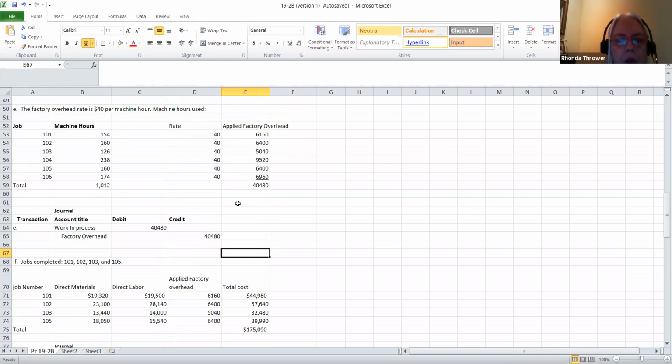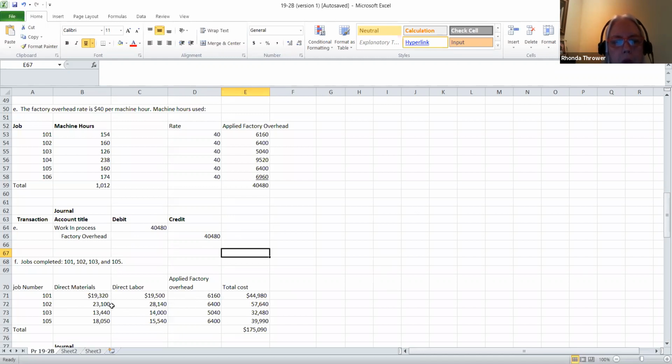And that's what I'm going to plug into my job cost sheet for job number 101. So my job number 101 job cost sheet would consist of materials, labor, and overhead. On this job cost sheet, you would add all 3 of these together to get the total cost of job number 101.